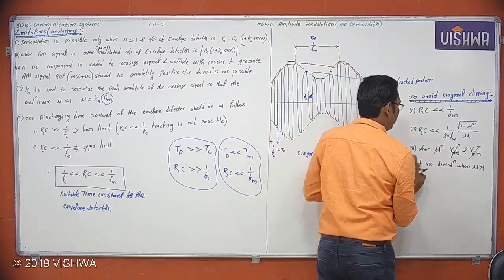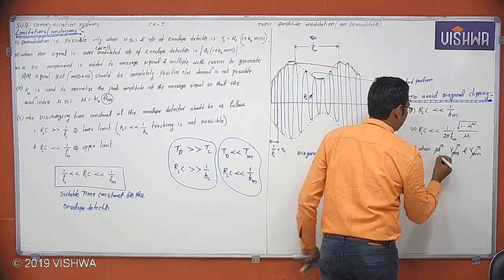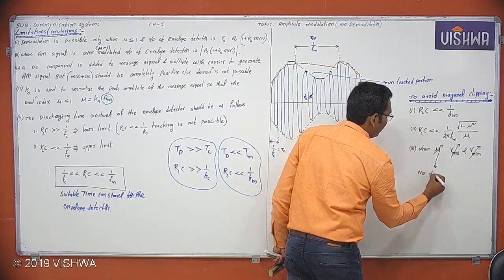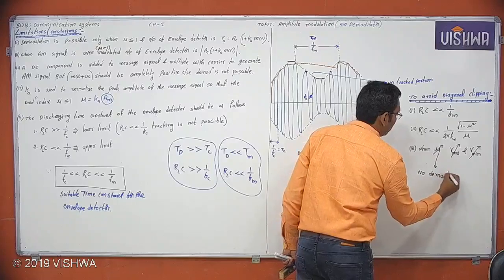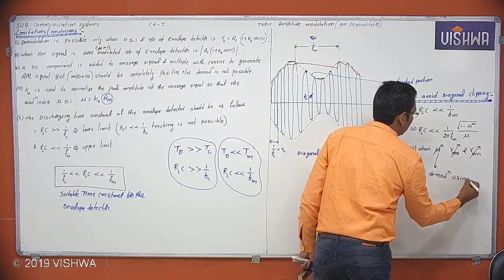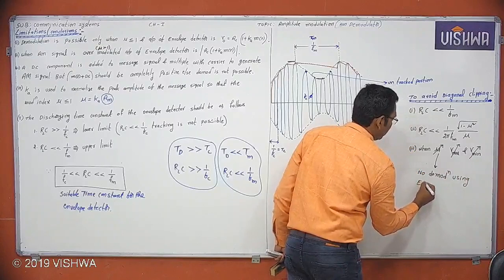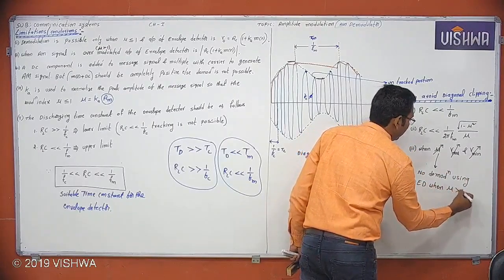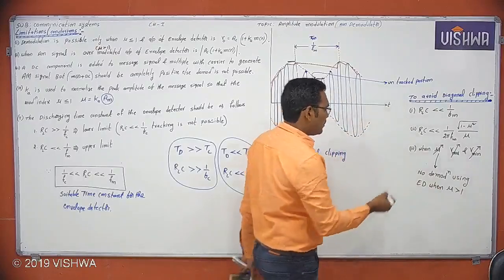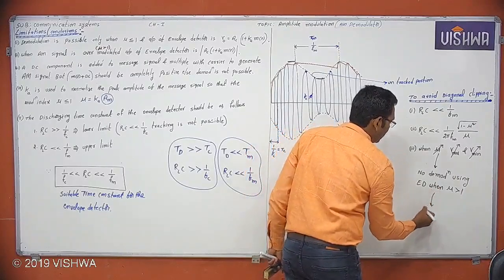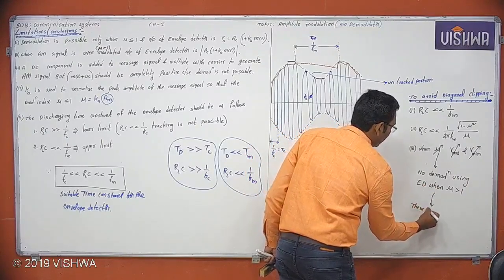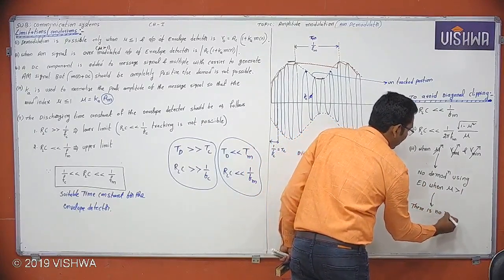So when mu changes, what happens? If mu is greater than 1, there is no demodulation using the envelope detector. And when mu equals 0, there is no modulation at all.